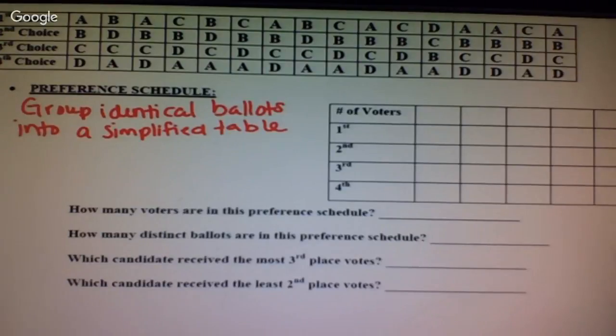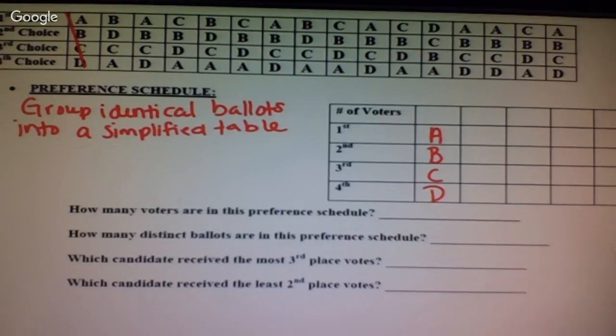So what you want to do is pick any random ballot. I'm going to pick the first one. The order of this ballot is A, B, C, D. So that creates your first column in your table. Now you need to go through and say, how many people voted this exact same way?